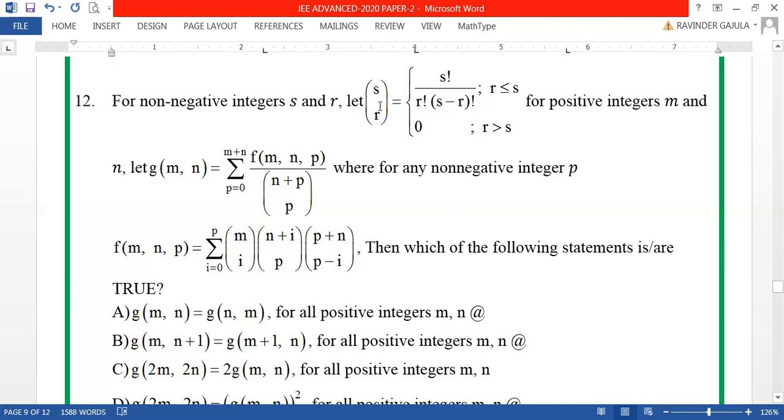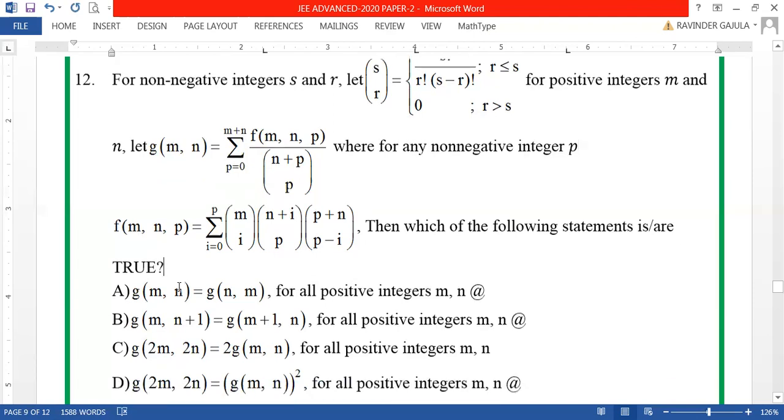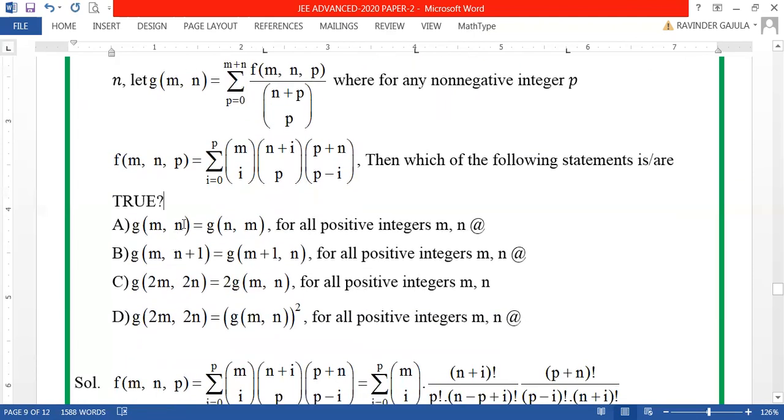That means it is the combination of n plus p and n, for any non-negative integer p, where f m n p is given in this manner. Then which of the following statements is true? Dear friends, the statements are given on g m n, so every statement is based on g m n. Hence it is required to reduce this g m n to a known one.